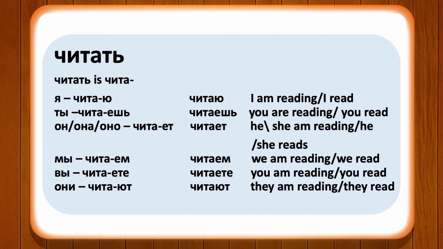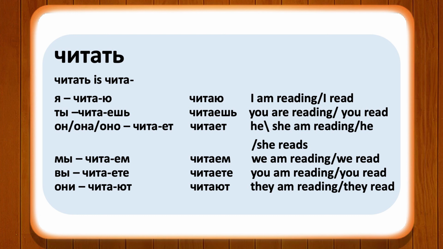From the verb читать, the stem is чита, because we have removed the ending to add the respective ending to agree with the subject of the sentence. Я читаю. You add the ending ю to the stem to agree with the subject я.